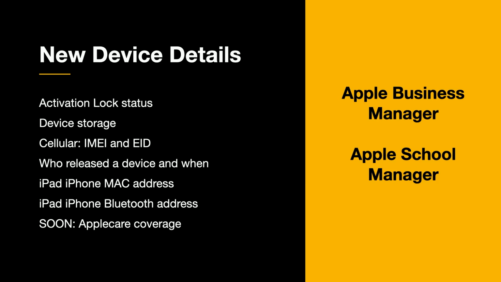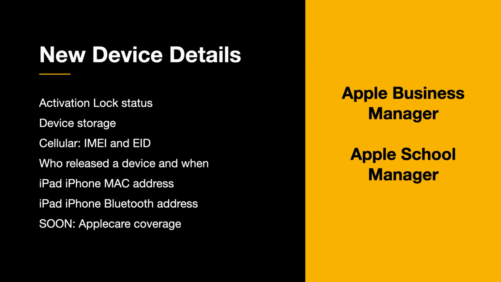Cellular information, IMEI, EID, who released a device. And one thing I've heard from people is, we've released a lot of devices over the years, and maybe someday there might be a way to remove those devices from Apple Business Manager, so you don't have to page through tons and tons of old released devices.